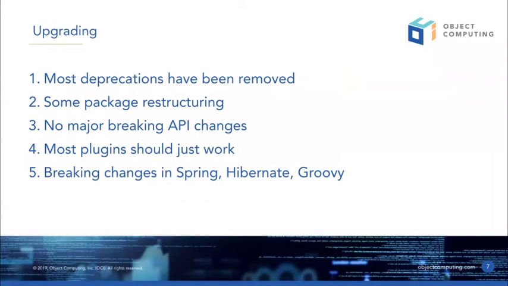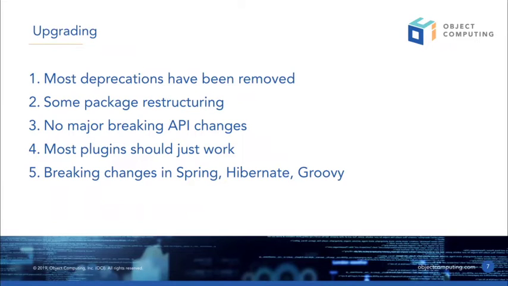So what are some of the potential challenges of upgrading your application? Most, if not all, of the code that was deprecated in Grails 3 has been removed. We have restructured some of our packages to better support the Java 9 module system. But other than that, there are no major breaking API changes.